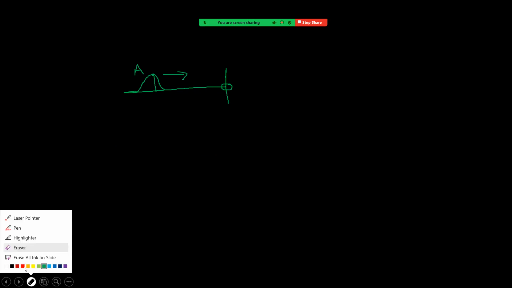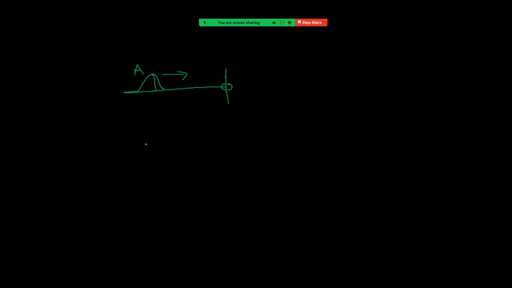Let us take it like this. One pulse is traveling towards the left side, and one more pulse, its erect image, in the sense having the same amplitude. This is A, this also A.